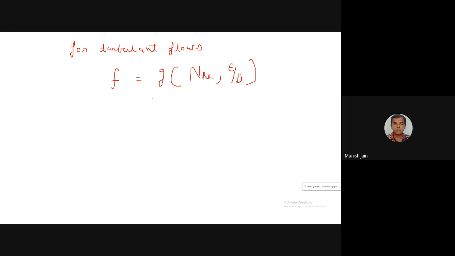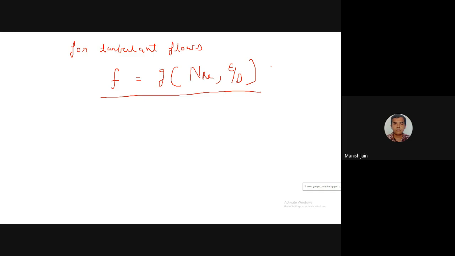This function will depend upon the type of fluid, and on which region you are flowing in, like Reynolds number 5,000 to 10,000 or 10,000 to 20,000. It will also depend upon the material, and on whether it is an isothermal condition, or the temperature is increasing or decreasing. So there are different factors which may affect the function. So the Fanning friction factor is a very complex function of the Reynolds number and the surface roughness.